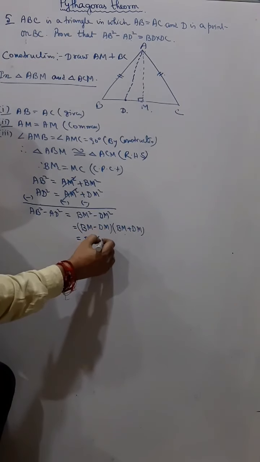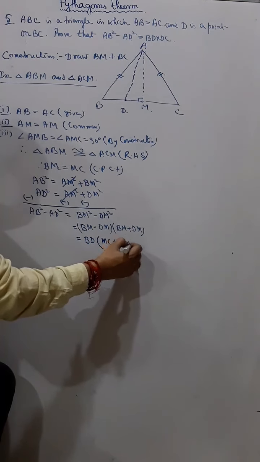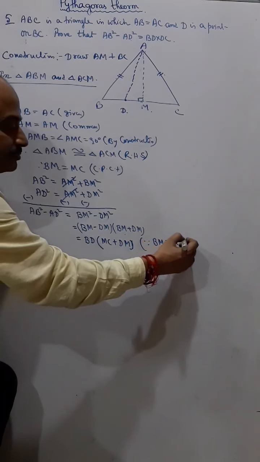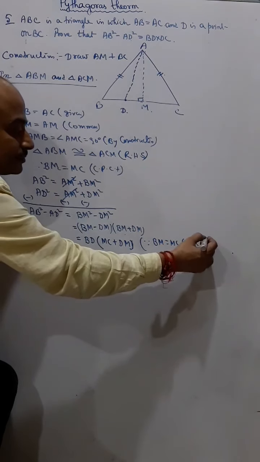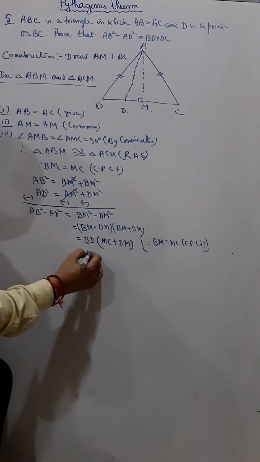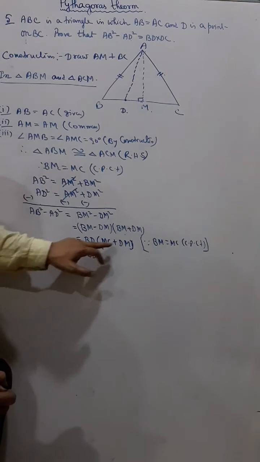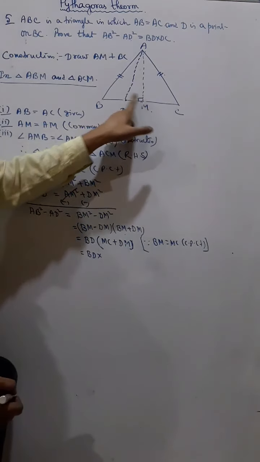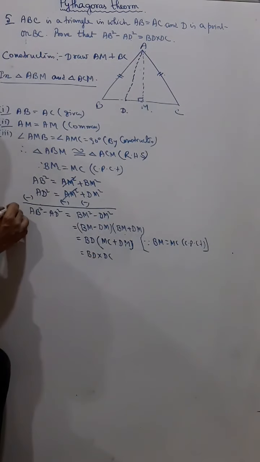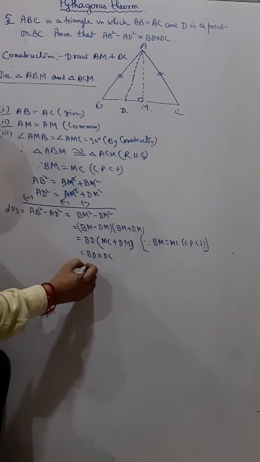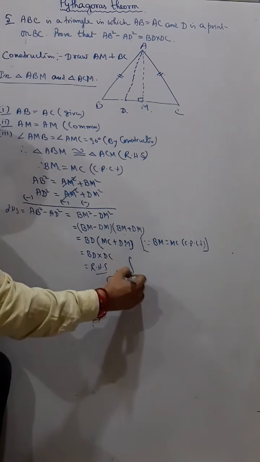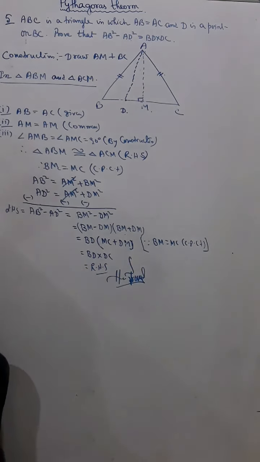So in place of BM, if I put MC plus DM, you can see MC plus DM becomes DC. So simply this is left hand side and this is our right hand side, and hence proved. Okay, understand?